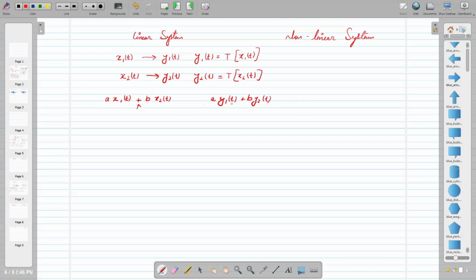So that should be the relation between the two kinds of representation.